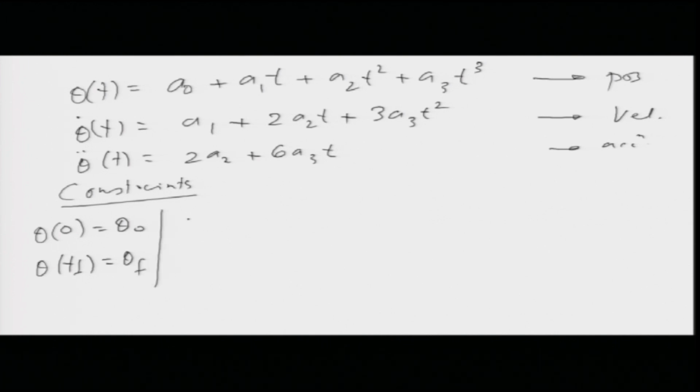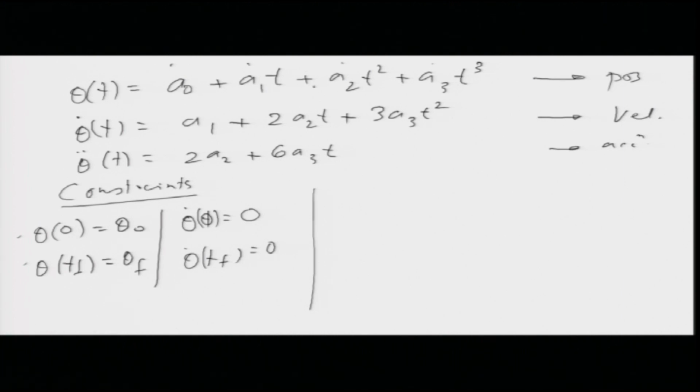Then in terms of velocity, at time equal to 0 the velocity was 0, and again at final time the velocity was equal to 0. So, we have 4 constraints and 4 constants here. I will take each one of these constraints, put them in the respective equation, and I will get 4 equations. We have 2 in terms of position, so I will put them in this equation and get 2 equations. I will take the first one at time equal to 0.